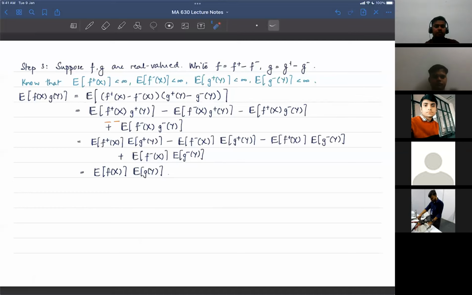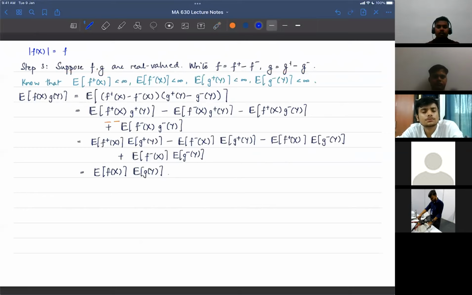Now, what do you know? Let me do the following. Absolute value of f of x is f plus of x plus f minus of x. I'll leave it to you to check this.